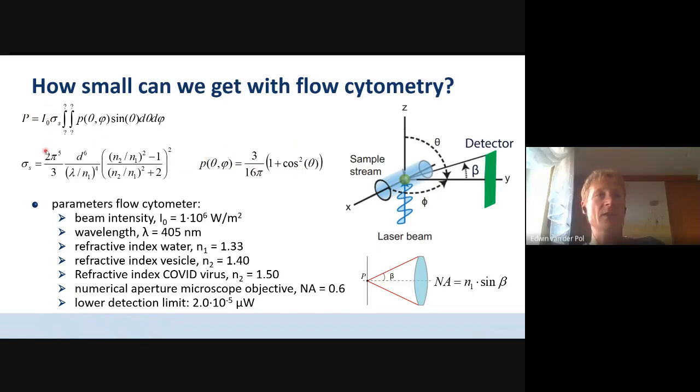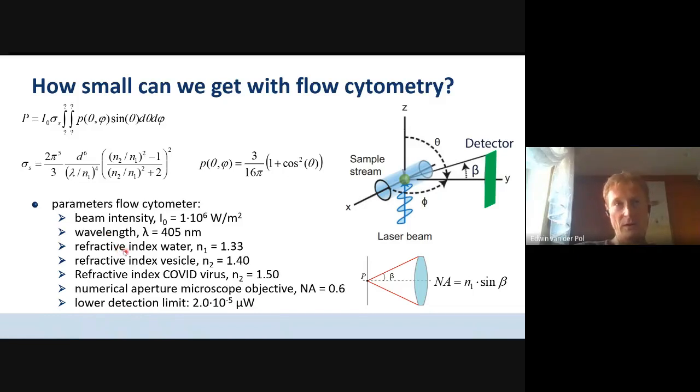The scattering cross-section is just given by the Rayleigh equation, which you can solve using all the parameters written here. So in this case, this is a flow cytometer with a beam intensity in the focus of 1,000,000 watt per square meter, wavelength 405 nanometer, the refractive index of water and vesicle are defined.